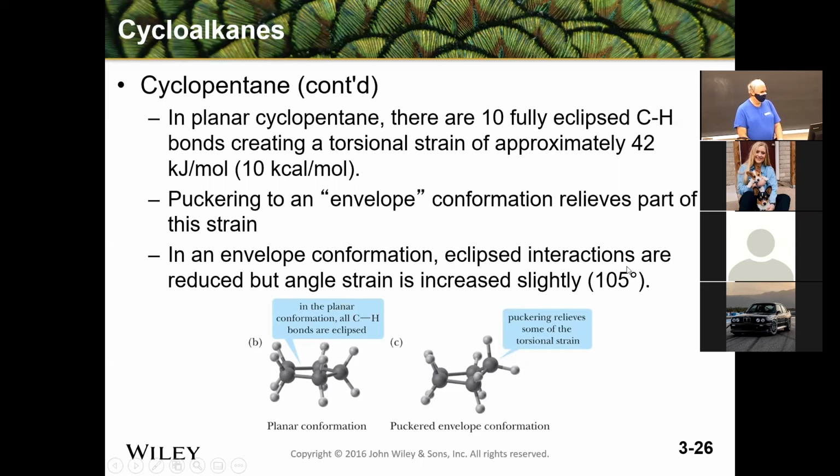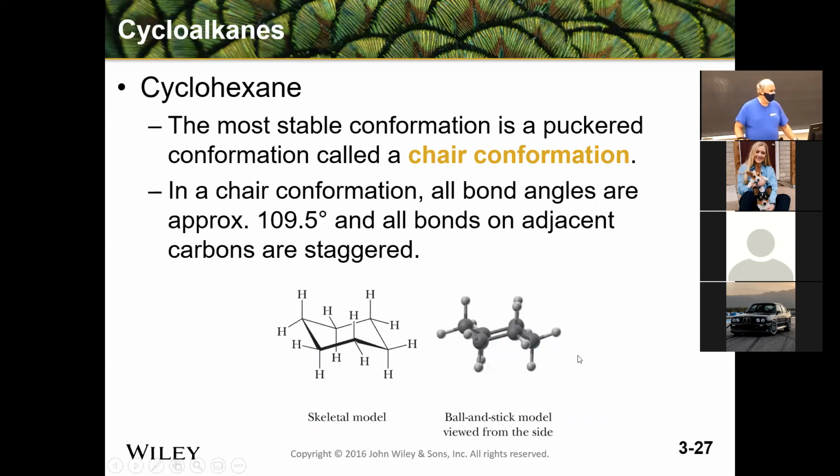So the decrease in torsional strain is greater than the increase in angle strain. That's a stabilizing conformation. For cyclohexane, the most stable conformation is the chair.